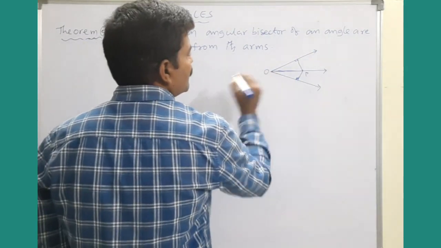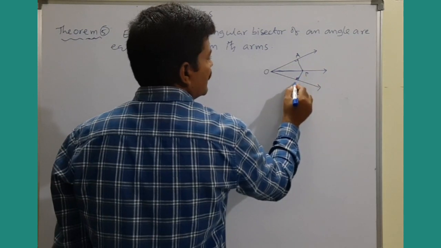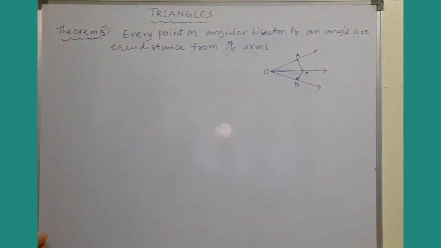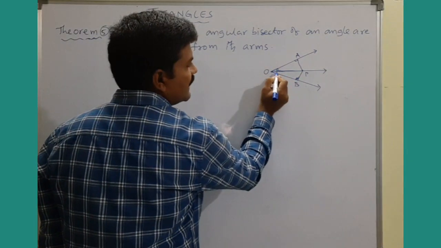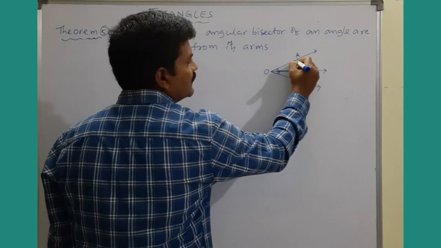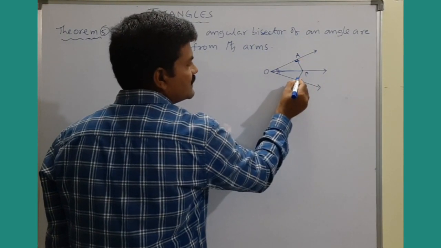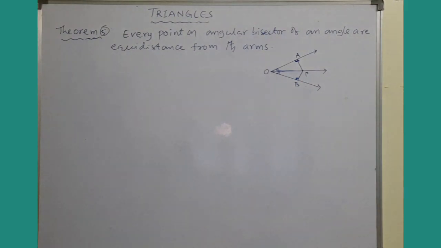Say this is A and this is B. Okay. So we have to say that the point on the angular bisector will be at equidistance from its arms. Right? So look at my dear, because this is angular bisector, this angle is equals to this angle. And clear now? This is the perpendicular and this is also the perpendicular, right?